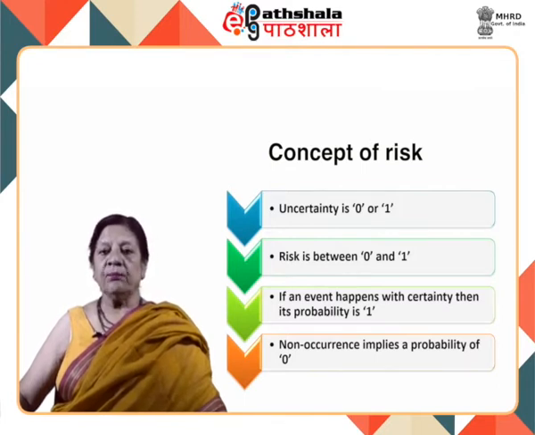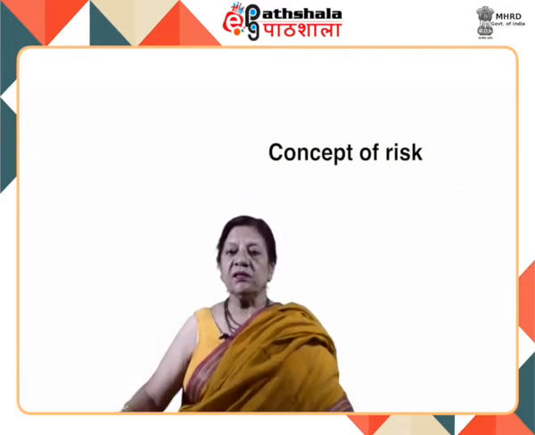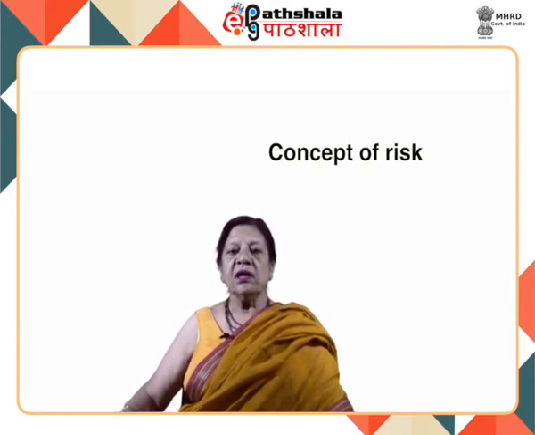Non-occurrence implies a probability of 0. Uncertainty consists of binary variable occurrence or multi-occurrences. Probability x leading to 0 or probability x leading to 1. It never becomes 0 or 1. Risk is always about occurrence.